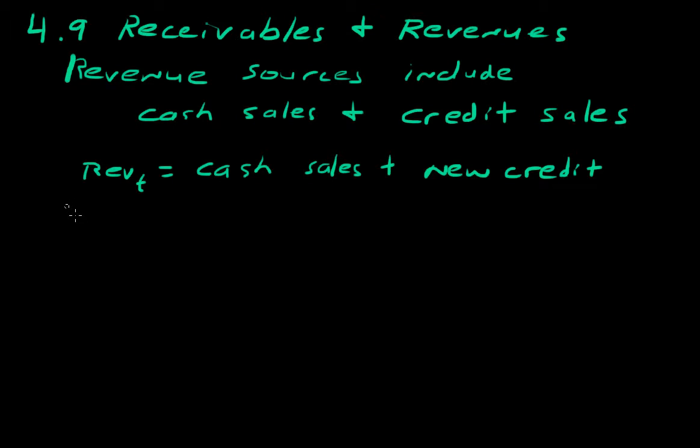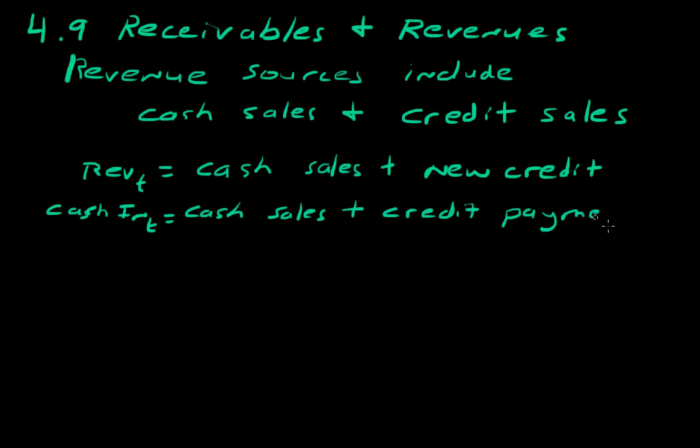What we really want to get to is cash in. Cash in will be equal to the cash sales, the items that we sell for cash, plus any kind of credit payment. These are payments made by customers paying back their debt.